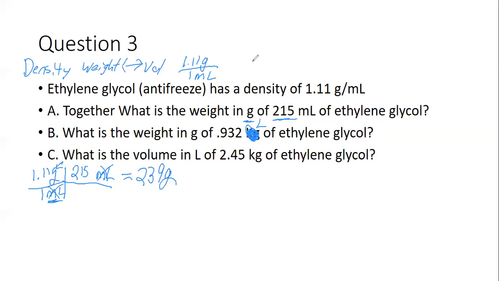So it should be 239 when you round up, just because you want 3 sig figs. Like I said, we'll talk about that in a minute. What you round up to, when you decide to round up, all that good stuff.